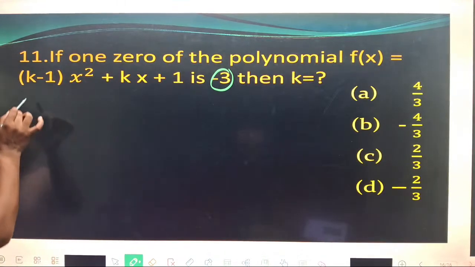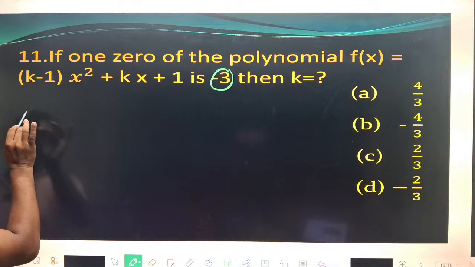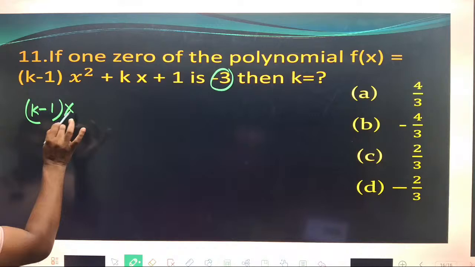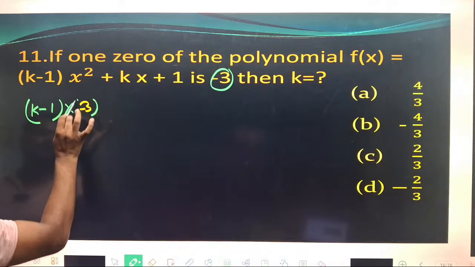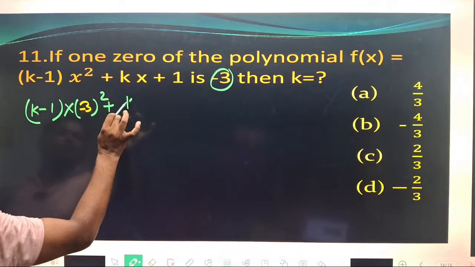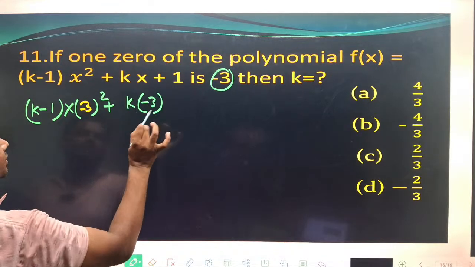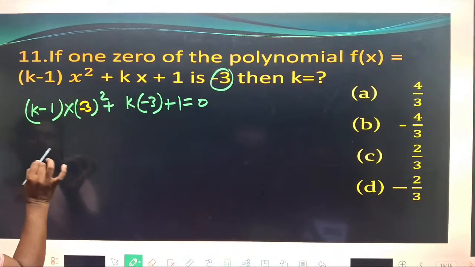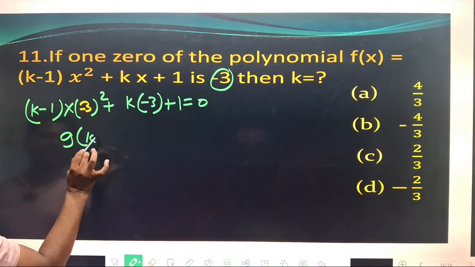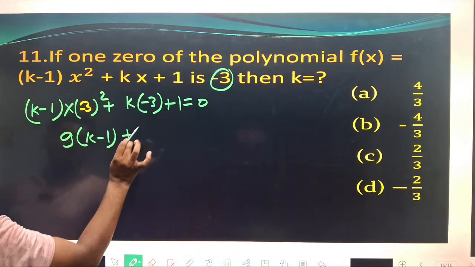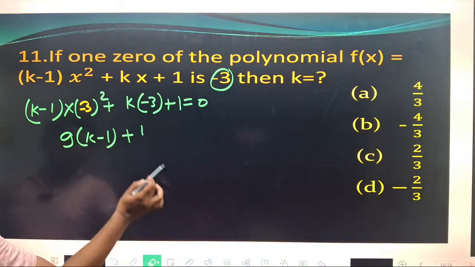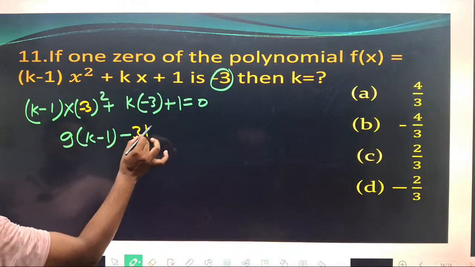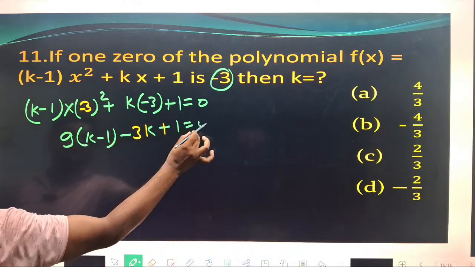Then the result is k minus 1 multiplied by -3 square plus k multiplied by -3 plus 1 is equal to 0. That gives 9 times k minus 1, minus 3k plus 1 equal to 0.